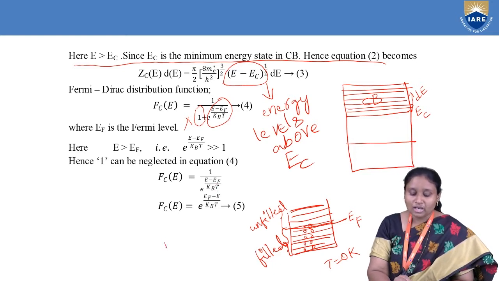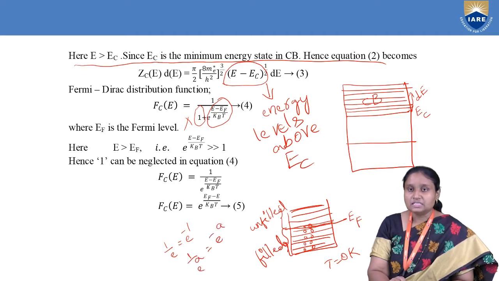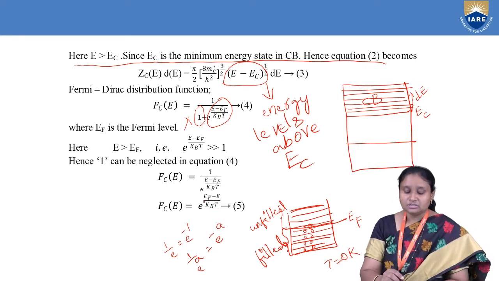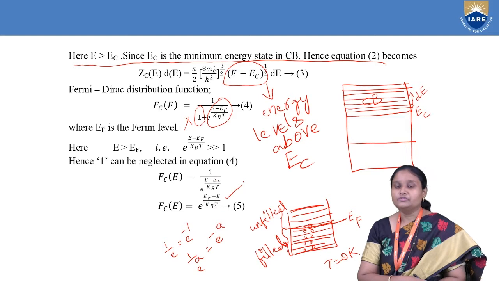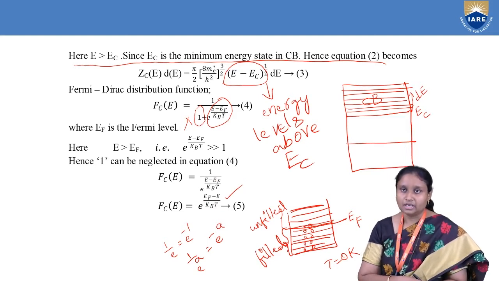And we know that 1 by e to the power of a is e to the power of minus a. So instead of E minus EF, we'll have EF minus E by kBT. This is the simplified formula for the Fermi-Dirac distribution function when we are considering electrons in the conduction band.